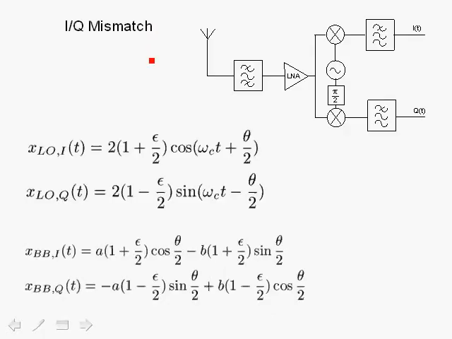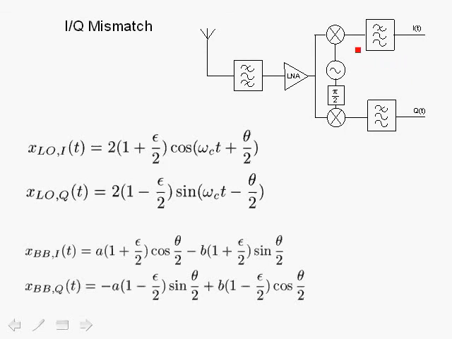One of the issues with direct conversion receivers, or zero IF receivers, or heterodyne receivers, is of course IQ mismatch. That occurs partly because the synthesizer produces an in-phase and quadrature-phase term which could be offset by a certain phase, for example theta, and they could have a gain difference between the in-phase and quadrature phase, which we represent by epsilon.